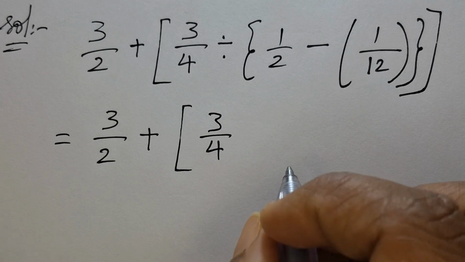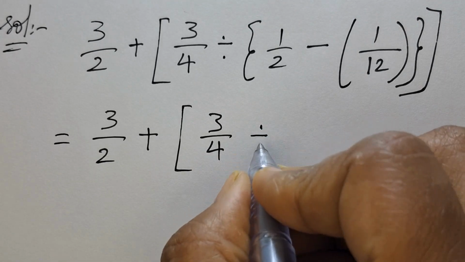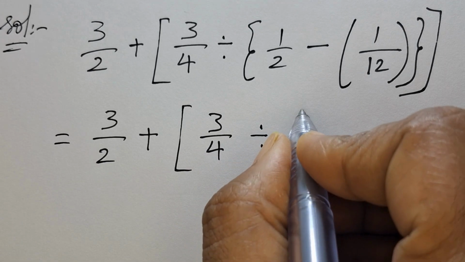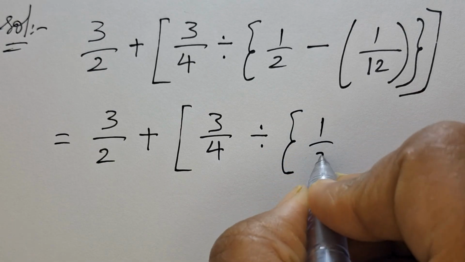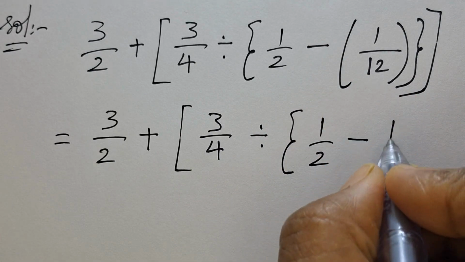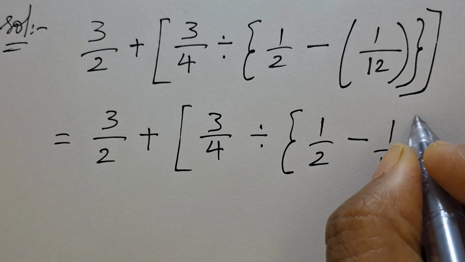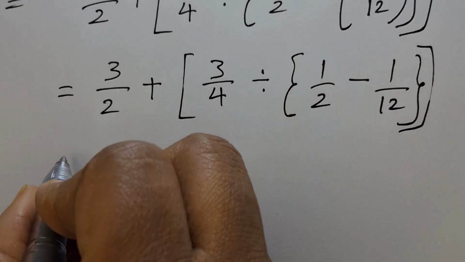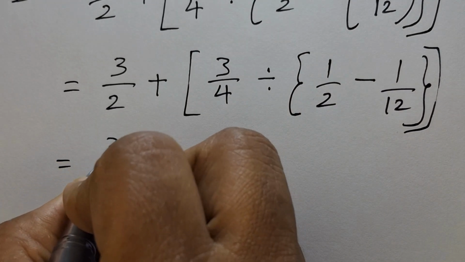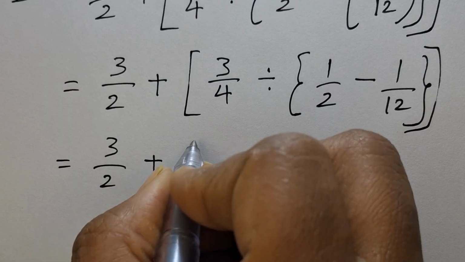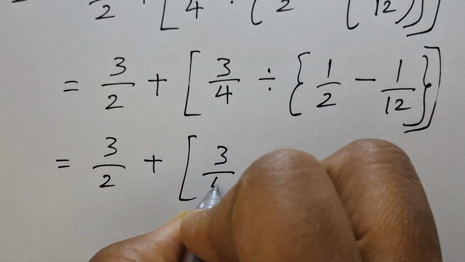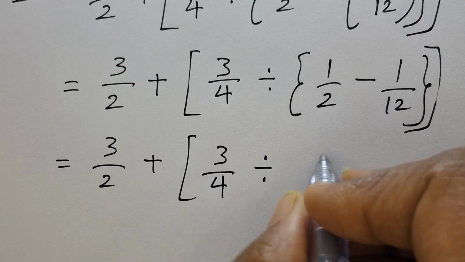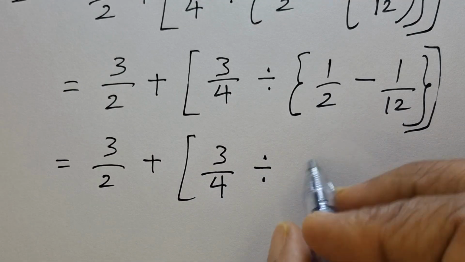So here it is 1 by 12 and 1 by 2. For this we have to take the LCM. So 12 will be the LCM denominator. So 3 by 2 plus 3 by 4 divided by 12 is the LCM denominator.